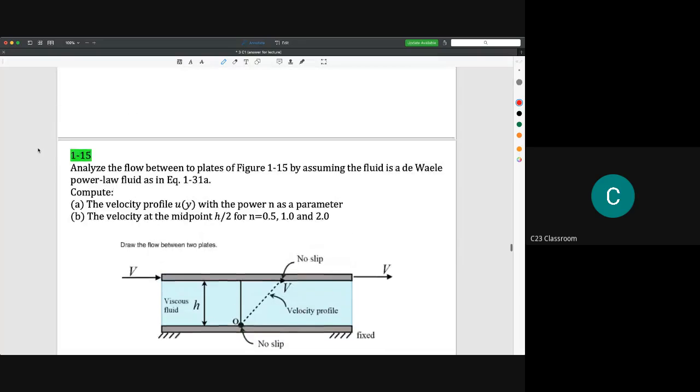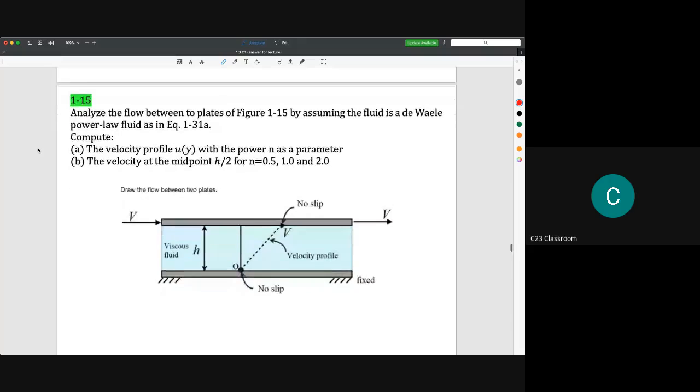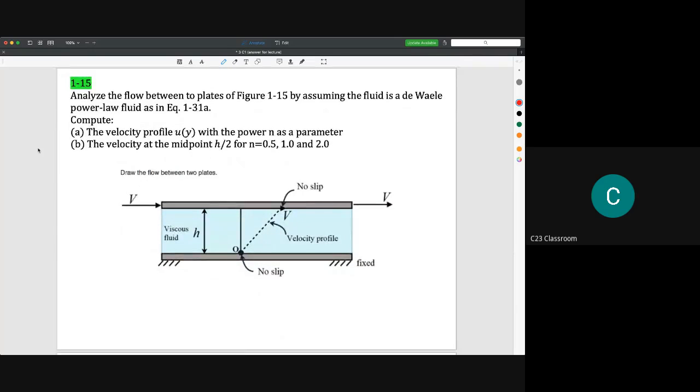Okay, so this is chapter 1. I try to pick questions from our textbook, and questions 1 to 10 are quite wide. We are talking about temperature, the ideal gas law, and so on.